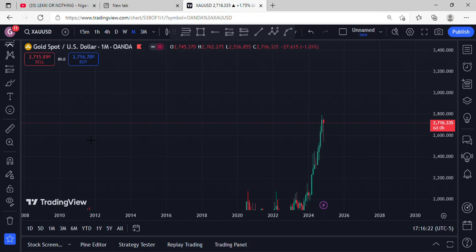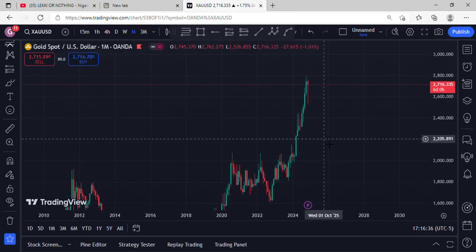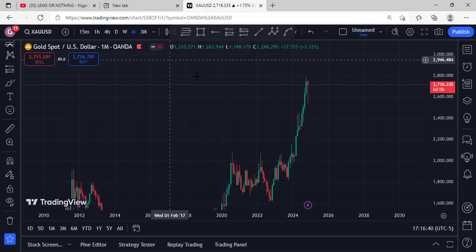Okay, so in this video I'll be looking at how we can navigate through price using daily range theory, and I'm going to use gold as the case study. Gold currently on the monthly chart.